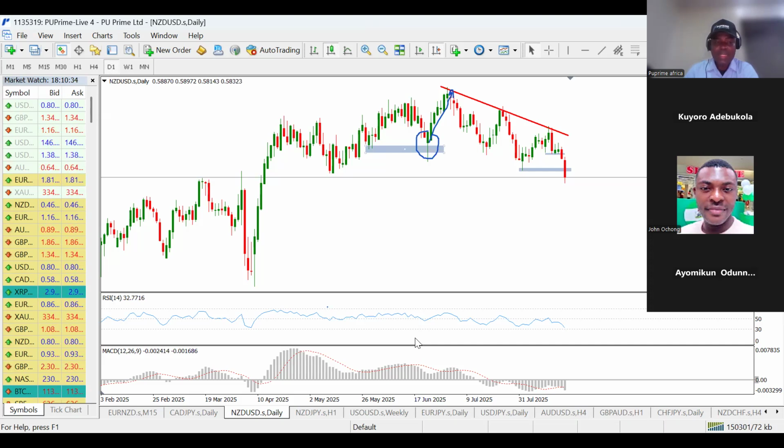So in essence, anytime you see a hammer candlestick, especially around a support, that's a double confirmation that price will go in the bullish direction. Because support itself means we're looking for opportunities to buy, and the hammer also means we're looking for another opportunity to buy. So we have two valid reasons why we want to buy when you find a hammer at a support level.